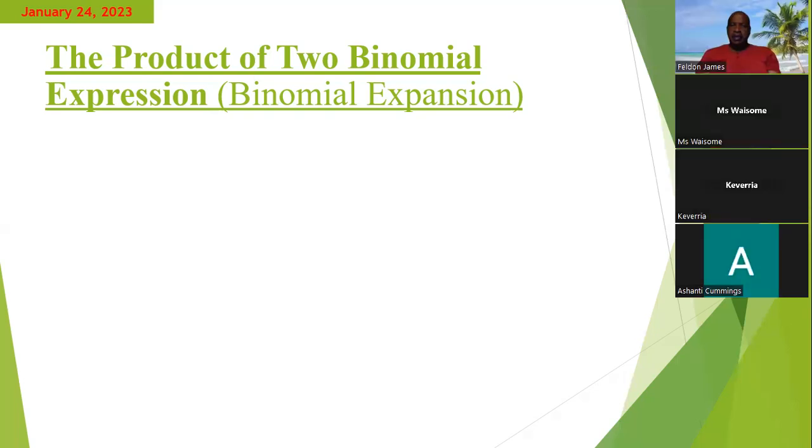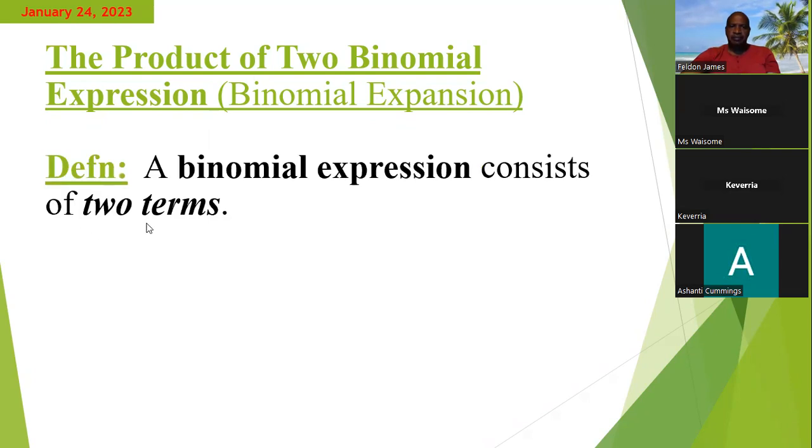All right, so back to what we're looking at for today. We're looking at the product of two binomials. And Ms. Wilson would have confirmed already that a binomial expression is an expression consisting of two terms. And if we have the product of two binomials, you know that when we are finding the product, we're actually multiplying things together.